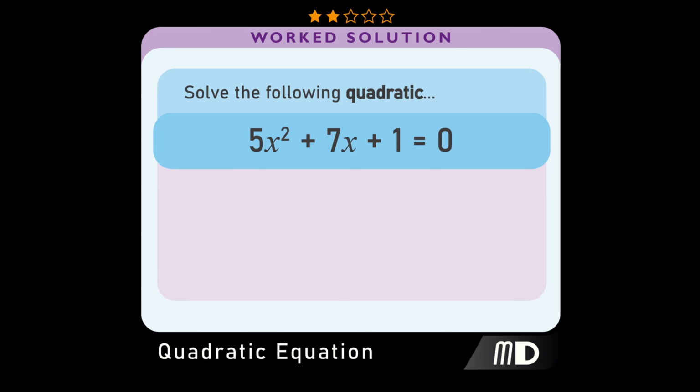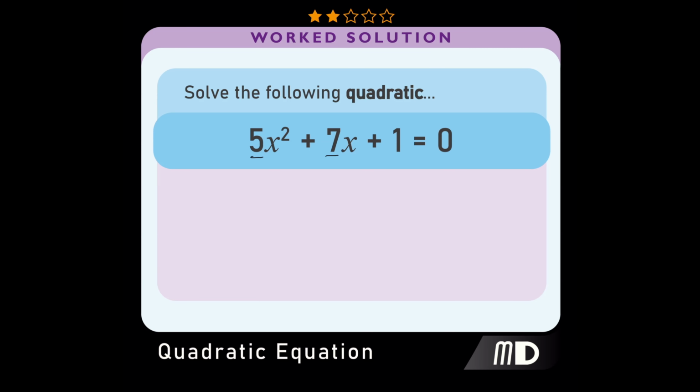To begin, let's try factorizing this equation. The coefficient of the x squared term is 5, a prime number. The coefficient of the x term is 7, also a prime number, which means that both numbers only have the factors 1 and themselves.